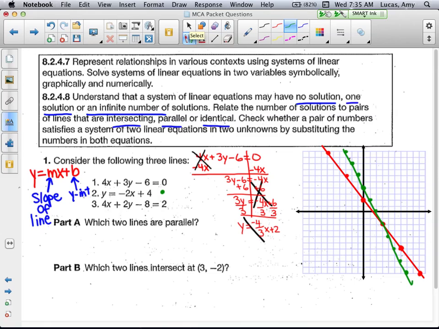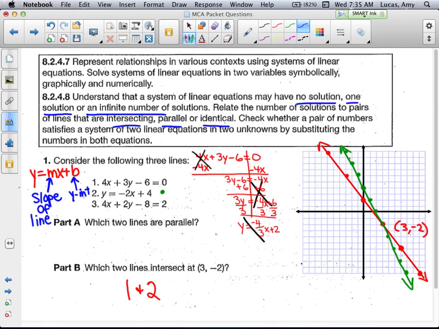They're not parallel, they're not perpendicular, but they are intersecting. And they intersect at (3, -2). So I have just found that lines 1 and 2 intersect at that point for part B.